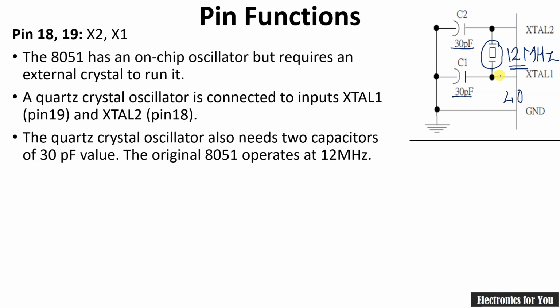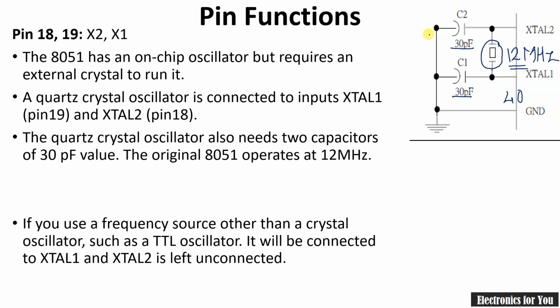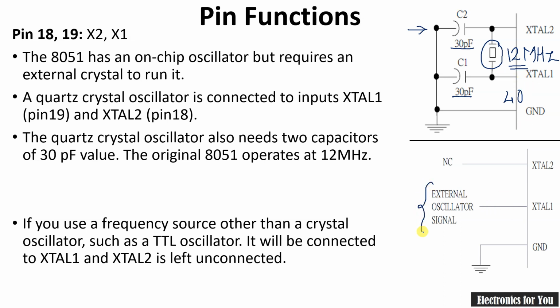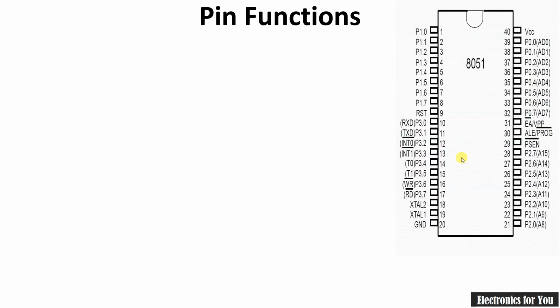If we want to connect an external input source instead, then only XTAL1 is used, for the external oscillator signal. If we don't connect the crystal, only XTAL1 is used, because XTAL1 is the input for the microcontroller, and XTAL2 is not used, that is, it is not connected anywhere. So this is the diagram for the connection of the crystal oscillator.